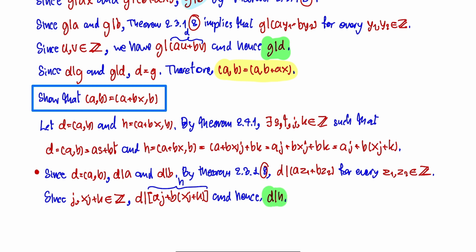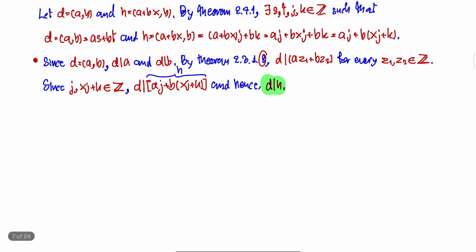The next thing we have to do is to show H divides D. So we start from the greatest common divisor. Since H equals the greatest common divisor of A plus BX and B, what do we have next?